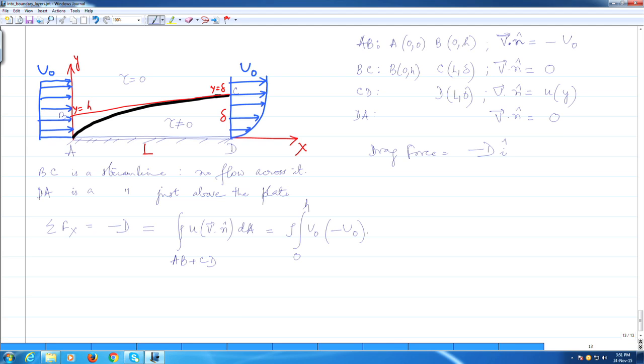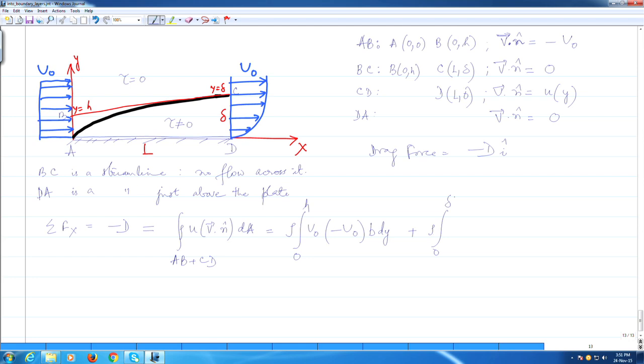Area is nothing but B into dy, where B is the width into the plane of your paper. This plus again rho, and this is going from 0 to delta.